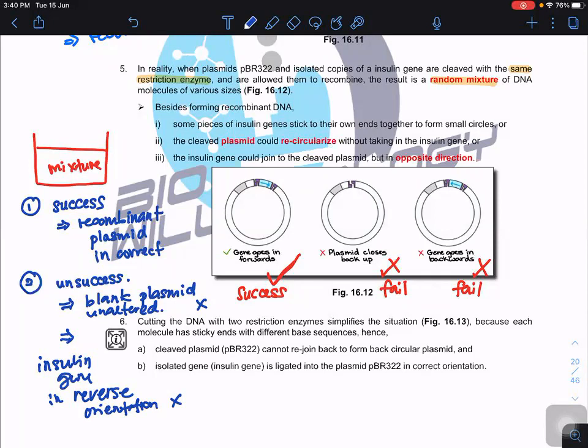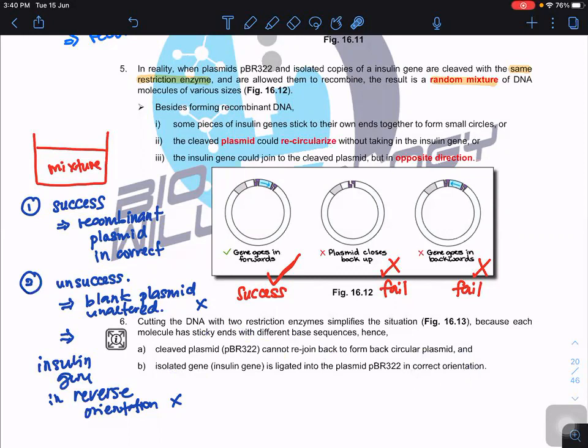Are you clear? But to overcome the reverse ligations, yesterday we talked about this, or reverse gene orientations, we can use two restriction enzymes. Cutting the DNA with two restriction enzymes simplifies the situation because each molecule has a sticky end with a different base sequence. So the cleaved plasmid cannot rejoin back, and also the isolated gene will ligate in the correct orientation.